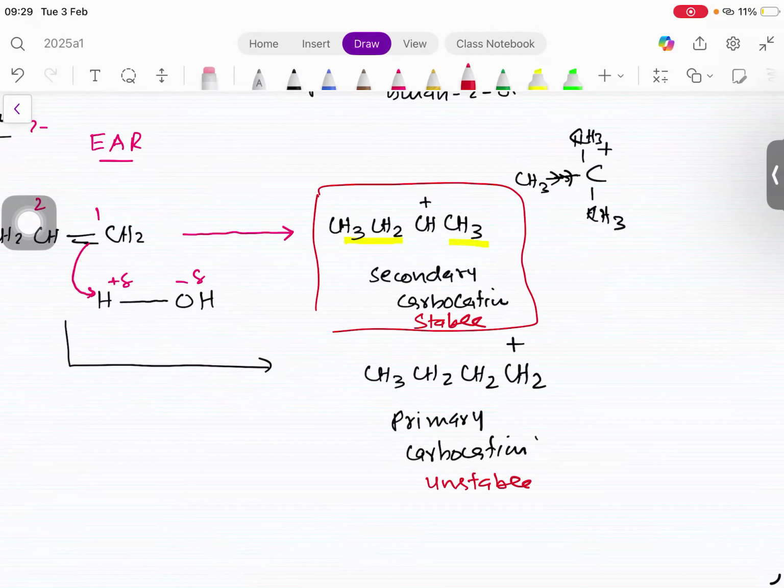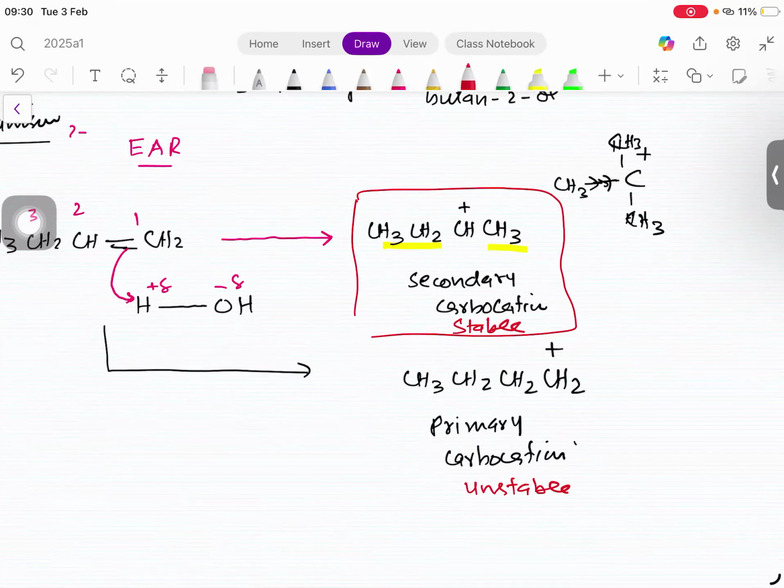So next, the OH negative. When hydrogen accepted this, please look at this. You have to put one arrow here as well, up or below. This heterolytic fission takes place and both electrons are taken by OH. The OH that is formed here is a nucleophile.